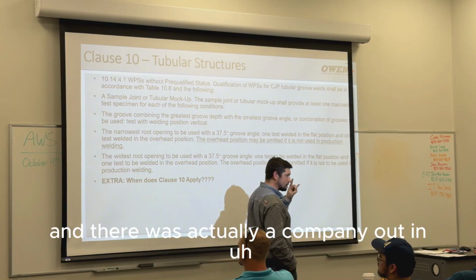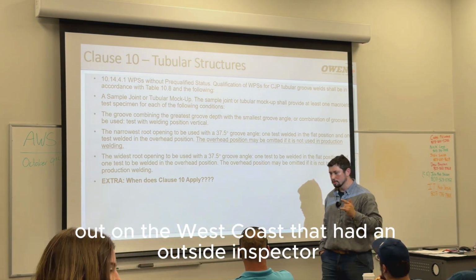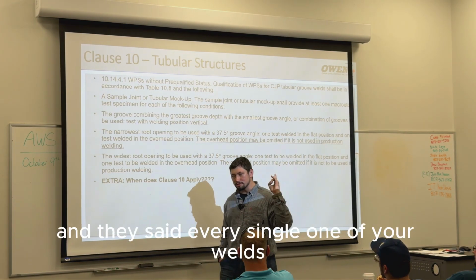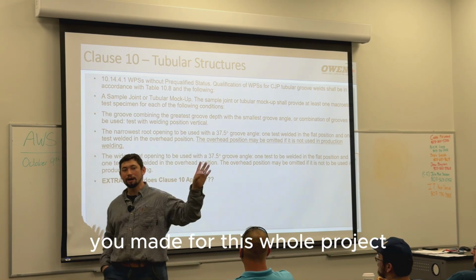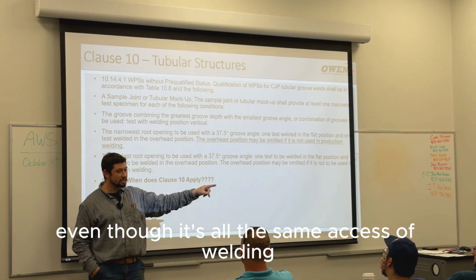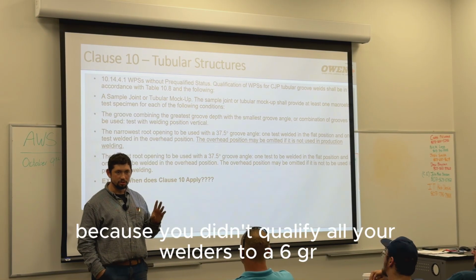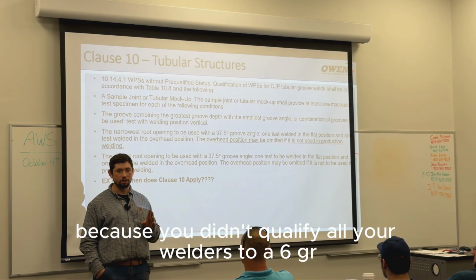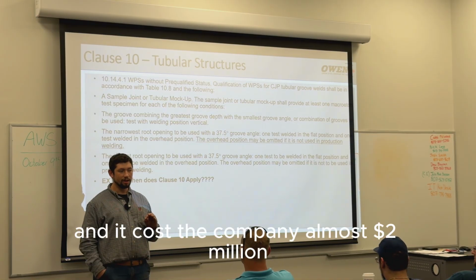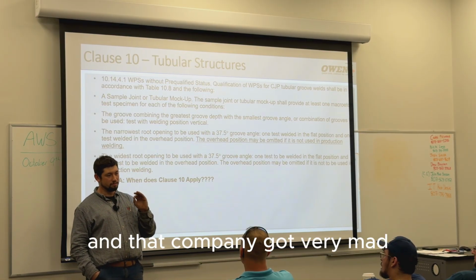And there was actually a company out on the West Coast that had an outside inspector, and they said every single one of your welds you made for this whole project, even though it's all the same axis of welding, are rejected because you didn't qualify all your welders to a 6GR test. And it cost the company almost $2 million. And that company got very mad.